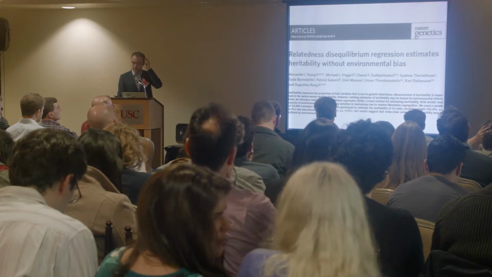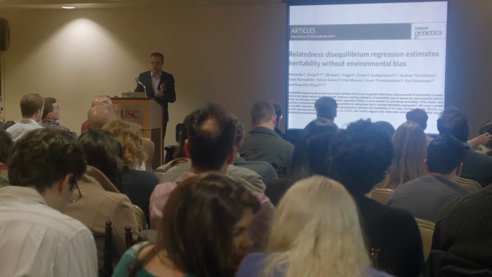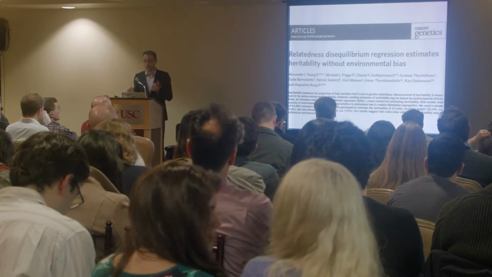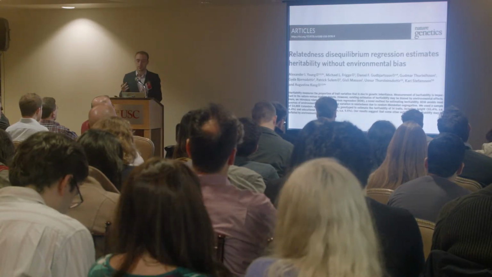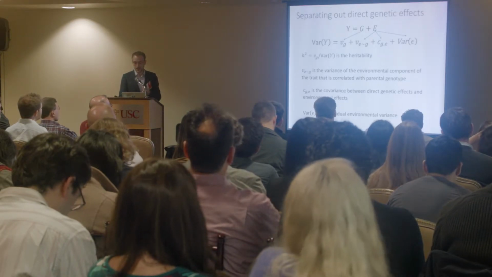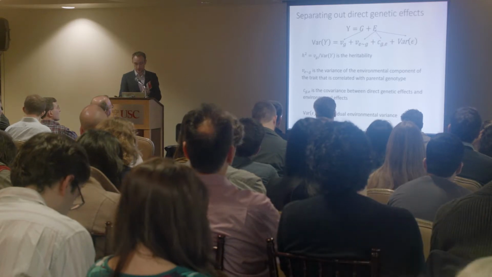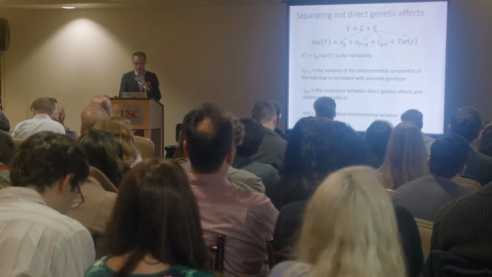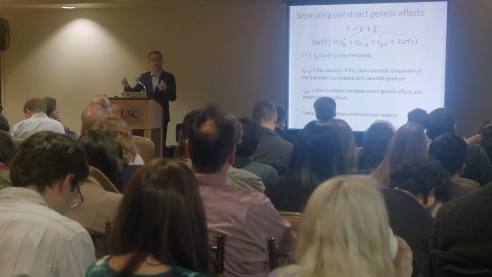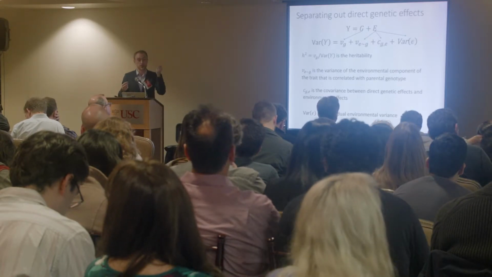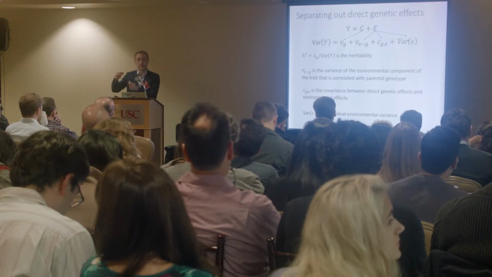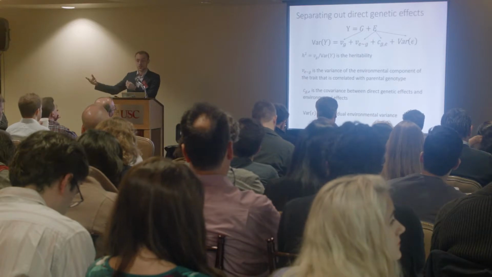So when I was in Iceland, I developed a novel method for estimating heritability called relatedness disequilibrium regression, that in some sense is a generalization of sibling regression to all relative pair classes. In the interest of time, I might skip some of the mathematical components, but the basic idea is you can split the phenotypic variance not just into a genetic and environmental component, but into a genetic component, heritability, and you can split the environmental component into components that are correlated with genetics and not correlated with genetics.